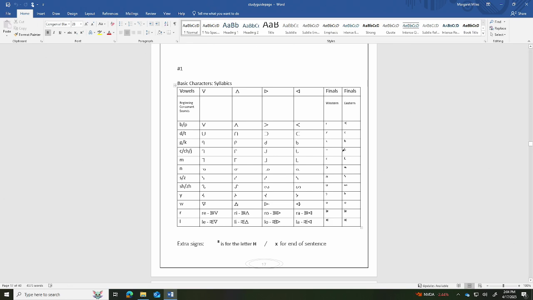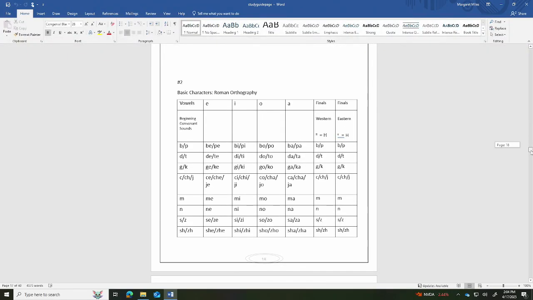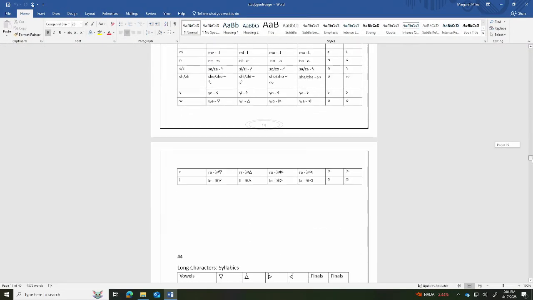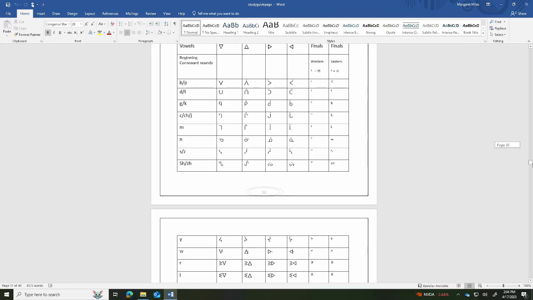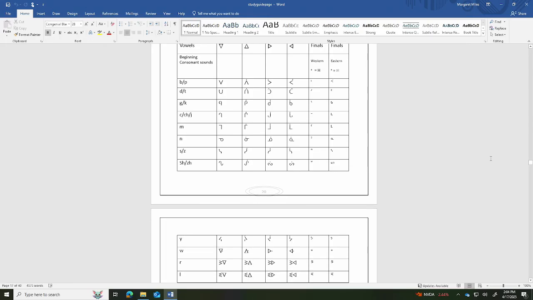The next chart is the long characters. Again, the vowels are on the left hand side and the consonant sounds.